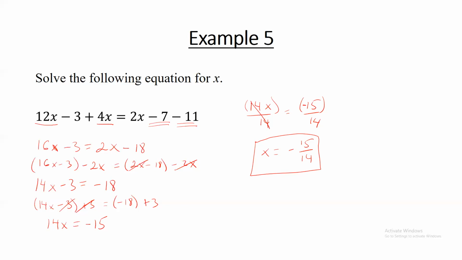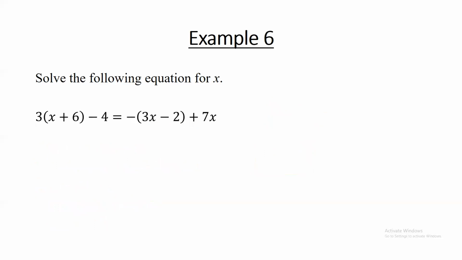Let's take a look at another example. So in this example, example 6, we can also simplify the left and right side of the equation. Now, what we would do here is use the distributive property to remove the parentheses.